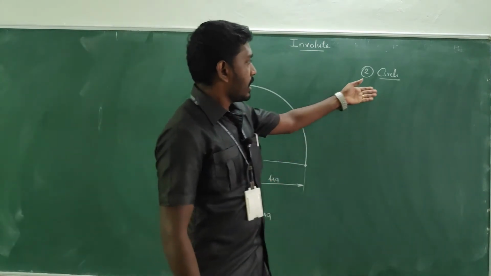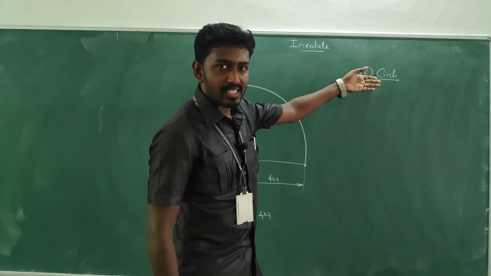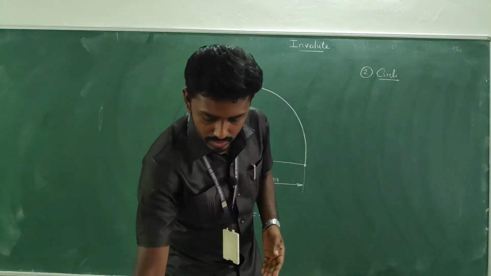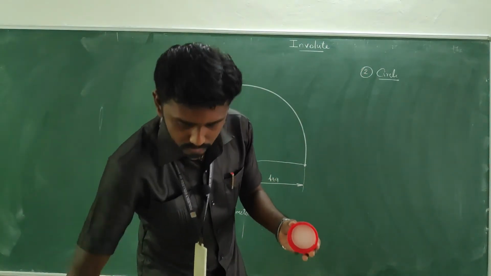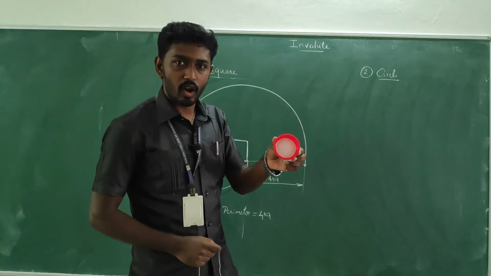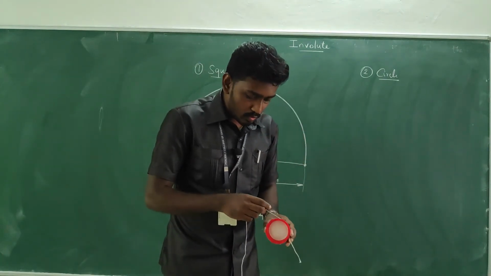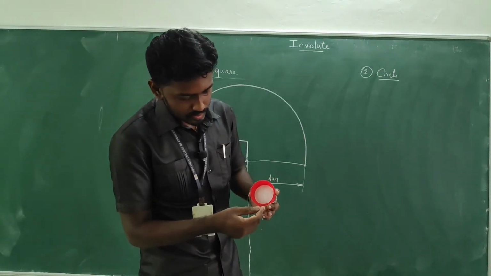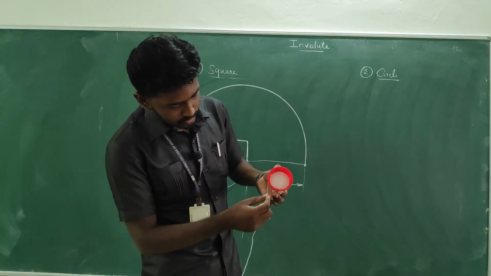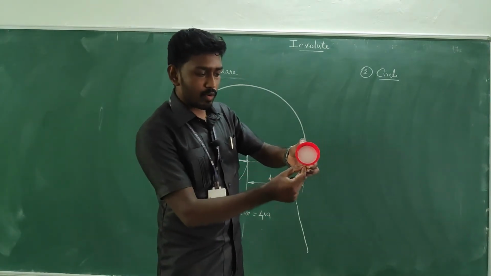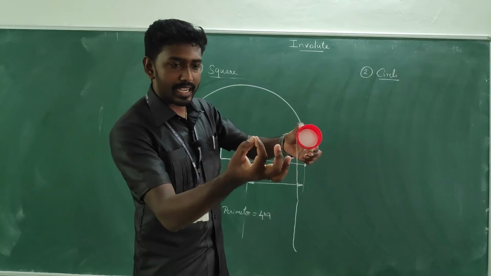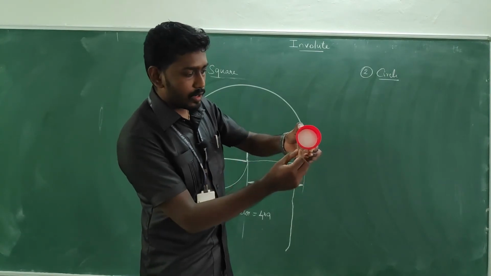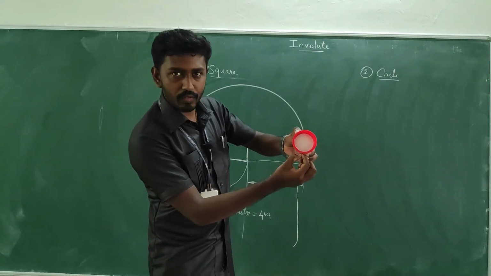So if I trace the circle involute, I have an object for you. This is a circular object and I am going to wind it first, right? So you may get it like this. I have wound it. Now just put your side. This is the thumb. I am going to hold the end of the string, right?